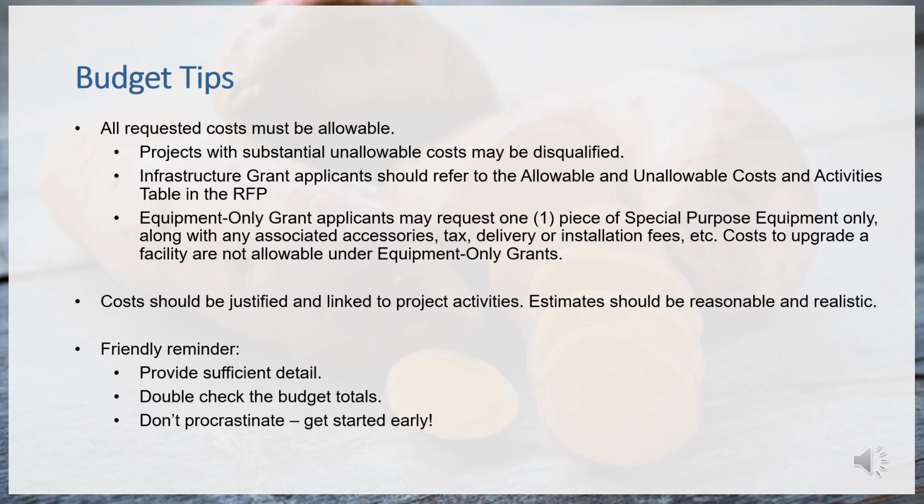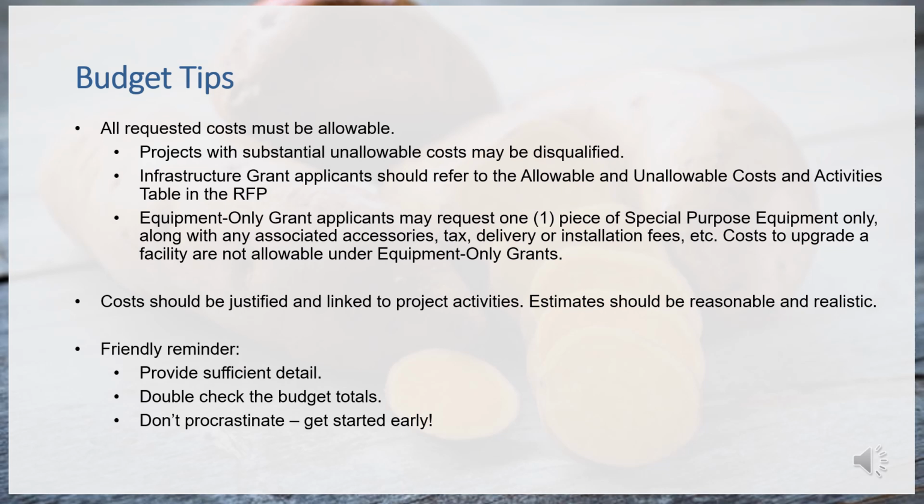As you prepare your budget, here are a few tips to consider. All requested costs must be allowable. Projects with substantial unallowable costs may be disqualified. Infrastructure grant applicants should refer to the allowable and unallowable costs and activities table in the RFP.